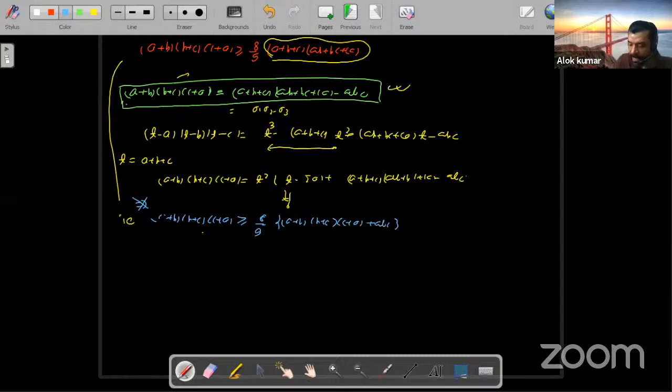I take this 9 to this side and do some transpositions. Then I will get (a+b)(b+c)(c+a) greater than or equal to 8abc, the famous inequality, the simple one. So I get this one.